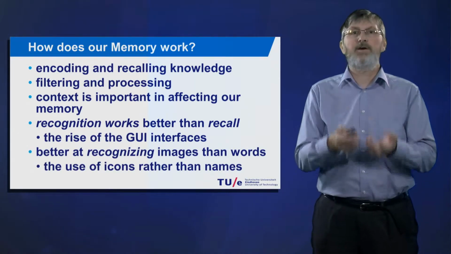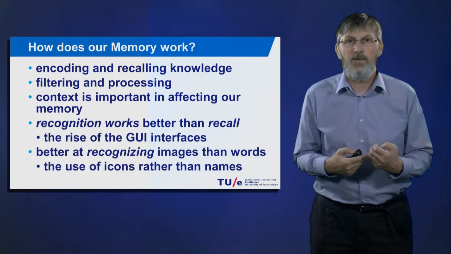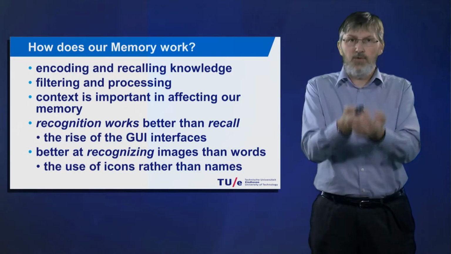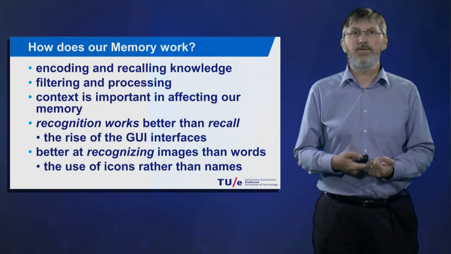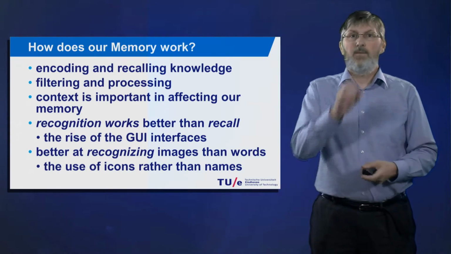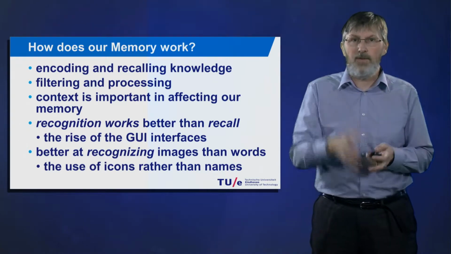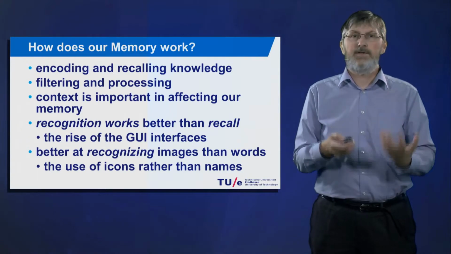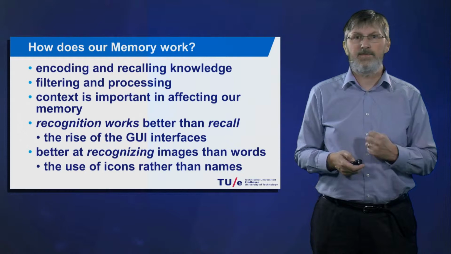We are generally also better at recognizing images than words. So we have graphical icons and toolbars full of graphical icons, which are easier to use than buttons with names. Like the menus at the top of a screen, of course we can recognize them, but recognizing images is easier than recognizing all these names.